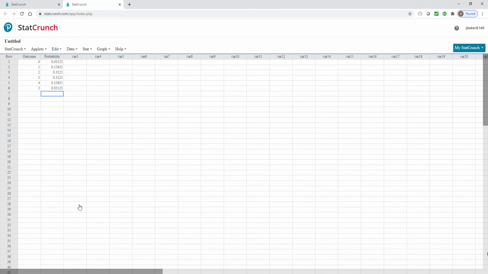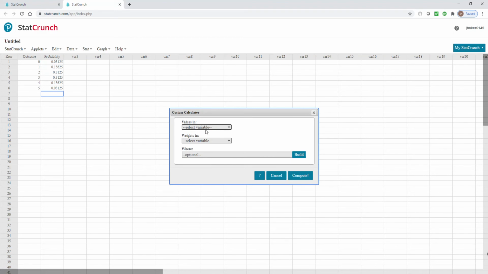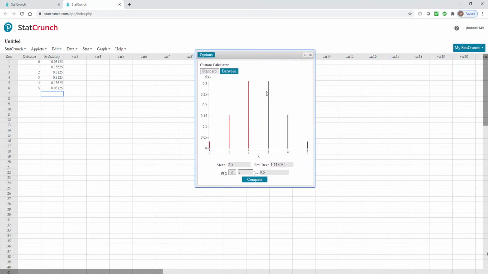Okay. So then, in order to do this in StatCrunch, all I have to do is go to Stat, Calculators, and then go down to Custom. And then I'm going to put my values in, and that's where my outcomes go, and my weights go with my probabilities, and hit Compute. And it'll give me my expected value, which is my mean, and my standard deviation.